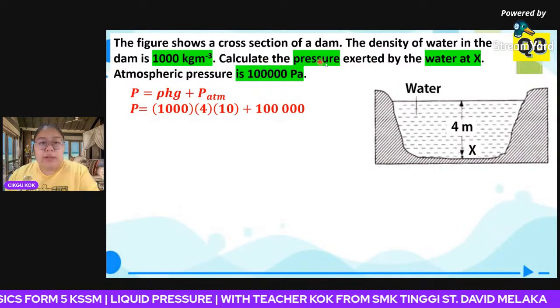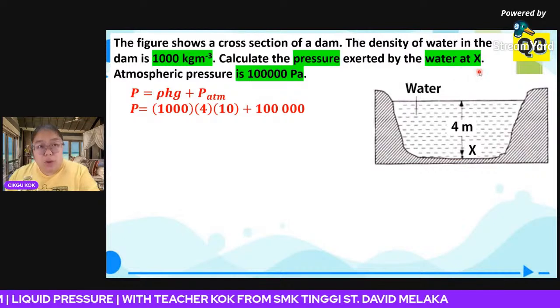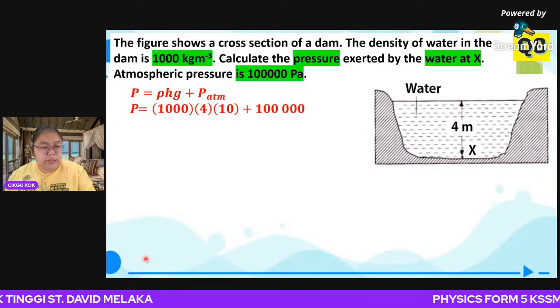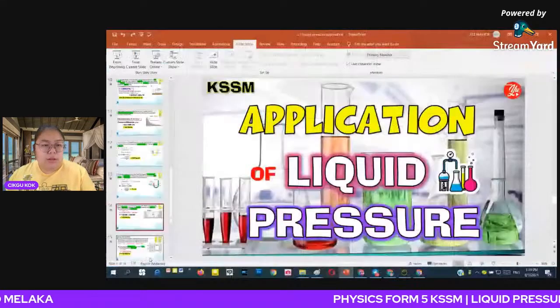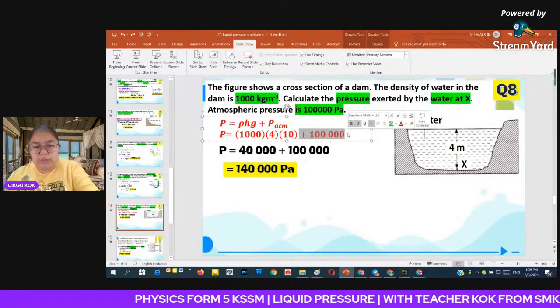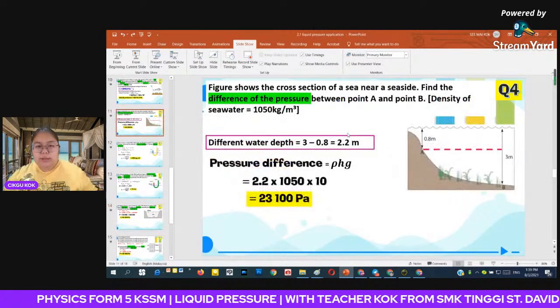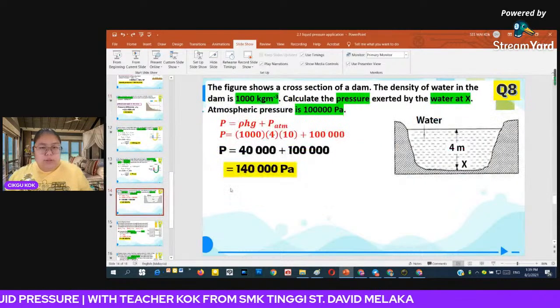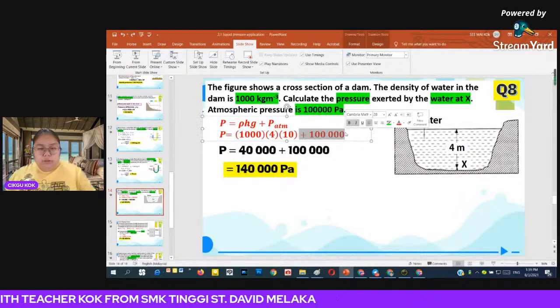They say calculate the pressure exerted by the water. So this one is not related, by water only. So from here, I need to do the correction. You wait for me a while. I'm going to do some correction. So this one ignore. No more 10,000. This one ignore first.